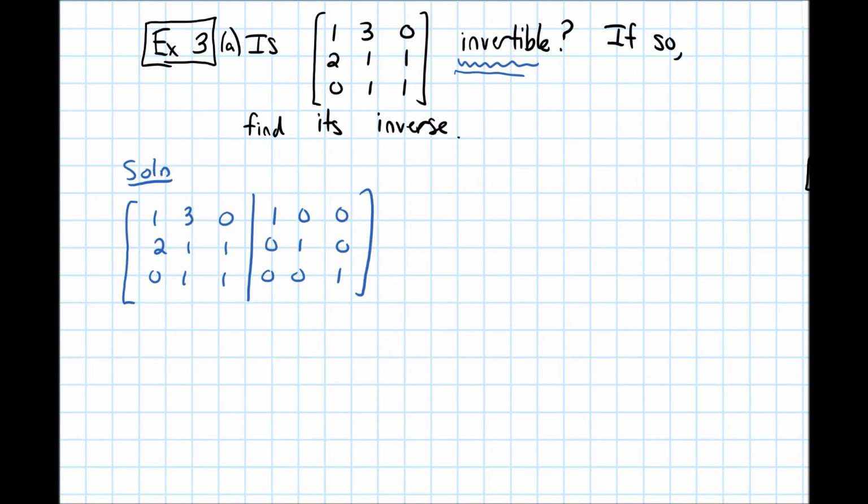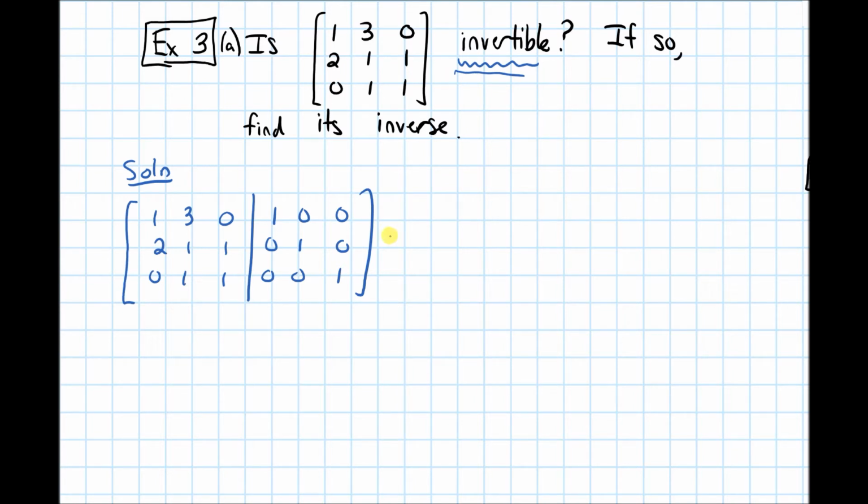But the advantage of doing this together and putting the augmented part on the right is, at some point, I'll discover whether the left-hand side has a pivot in every single row and every single column. If it does, awesome. I keep going and I row reduce it fully to get it in RREF form. If it doesn't, I get to stop anyways, because then I can say my matrix is not invertible.